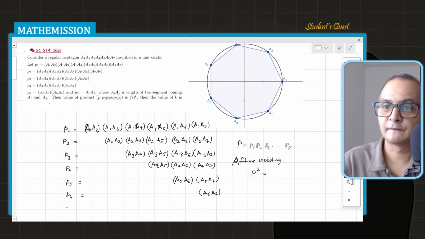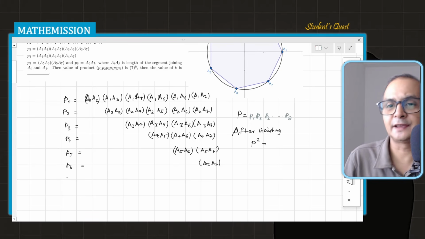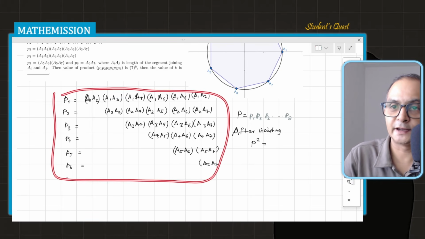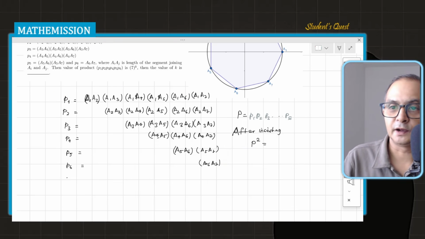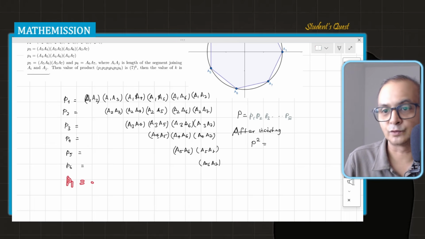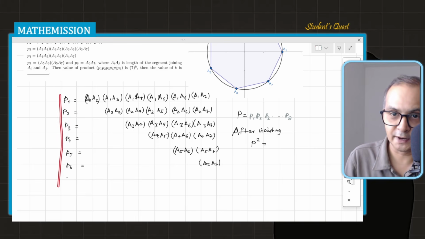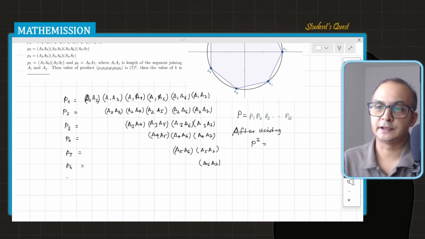It's like we are taking this whole thing, rotating it upside down, and fitting it into this. So P1 will come here as one column, then only it can be inserted. So basically we are multiplying this 7 times and then taking the square root.